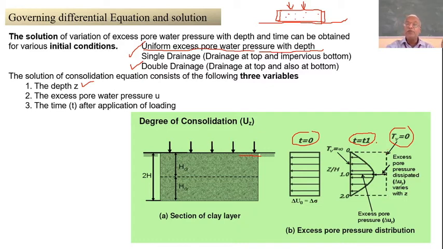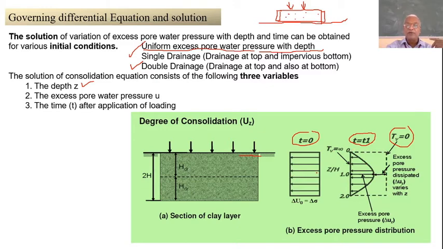So at that point hardly any pressure will be left. But in between, only at the edges it is 0, and as you go inside the pressure is more and more. At the midpoint you can see that only a small amount of reduction in excess pore water pressure has been dissipated. Here, whatever delta U naught was there is fully reduced to 0.